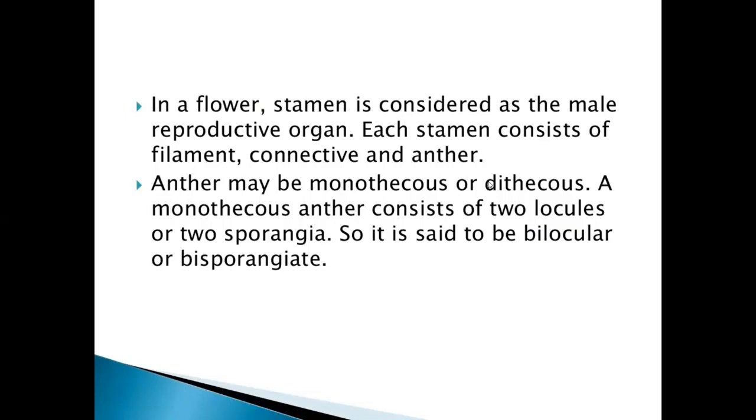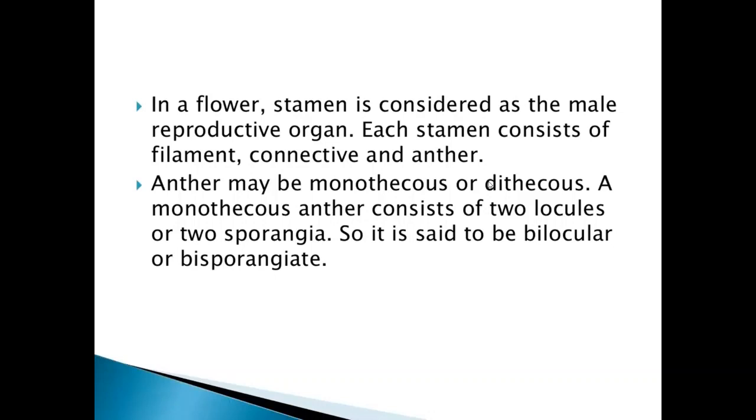So in a flower, the stamen is considered the male reproductive organ. As I told you, each stamen consists of the filament, connective part, and anther. The anther is either monothecous or dithecous.